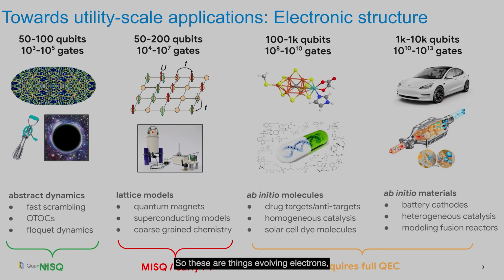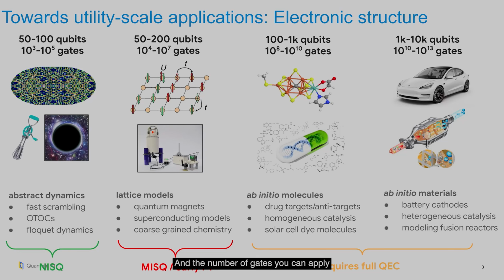So these are things involving electrons, which are fermions, electrons interacting with nuclei and so on, either in a molecule or in a material. Today we are in the NISQ or MISQ era, so we are still operating on physical qubits. And we look at near-term applications that maybe might not use more than 200 physical qubits.